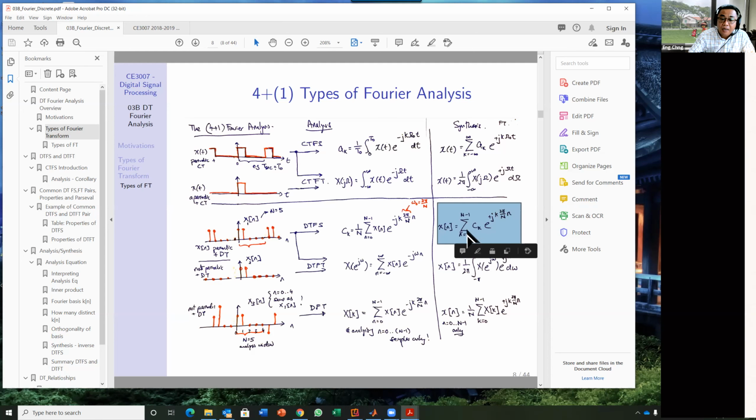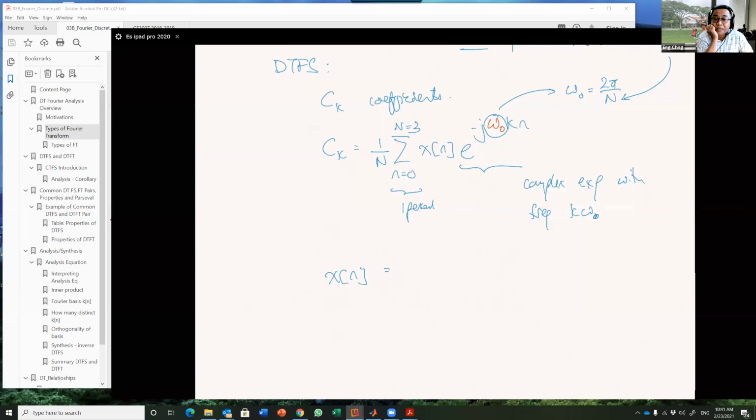He says that the original x of n can simply be reconstructed by complex exponentials of k omega naught frequency, for all the k's, k equals 0 to N minus 1. You can reconstruct x of n by weighting, because ck is multiplying this complex exponential of this frequency. Hence that's why 2 pi over N is a very important number, because 2 pi over N tells us the fundamental frequency of the signal, the complex exponential that we're going to use.